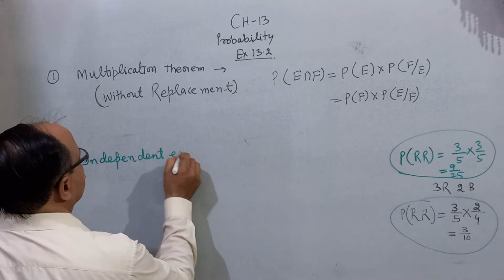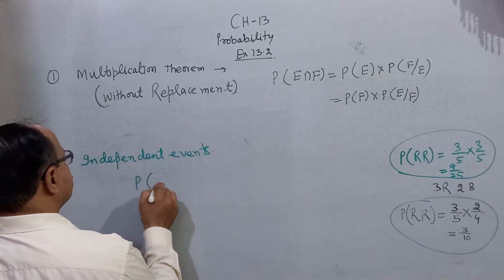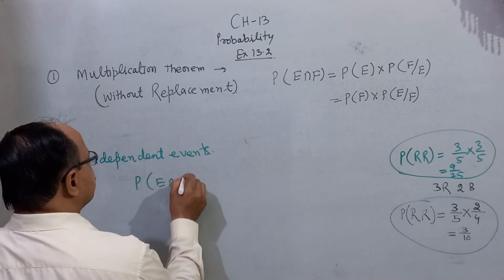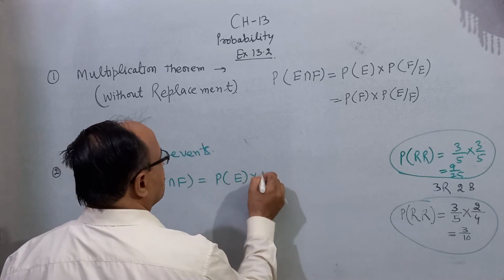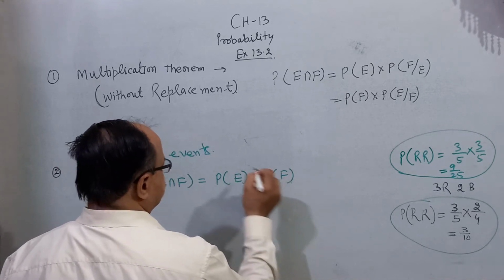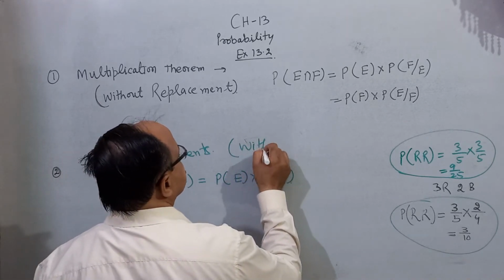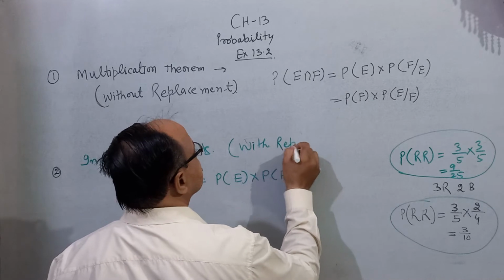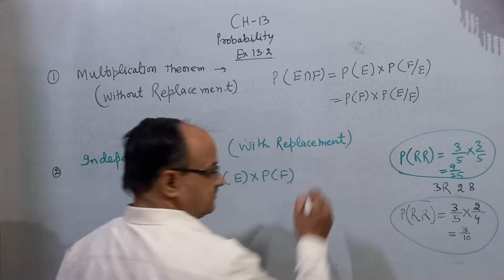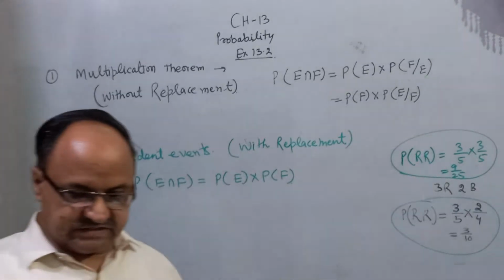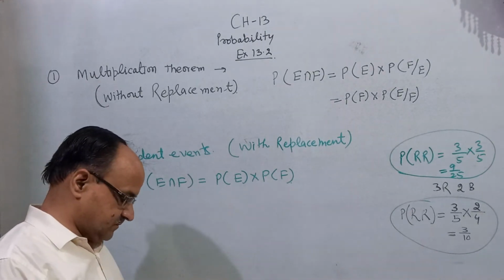In independent events, probability of E intersection F is probability of E into probability of F, and it is the case of with replacement. Correct? This is called independent events.